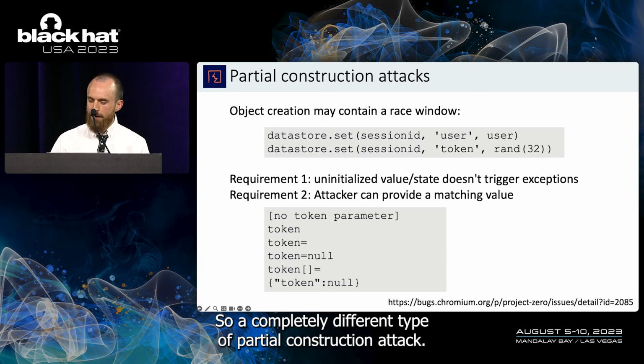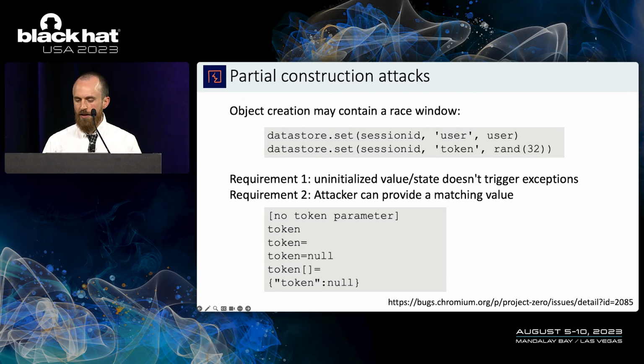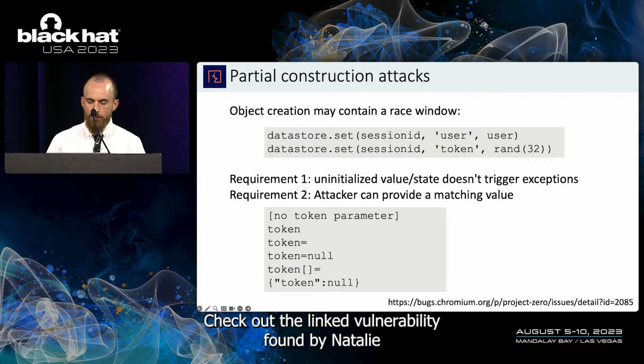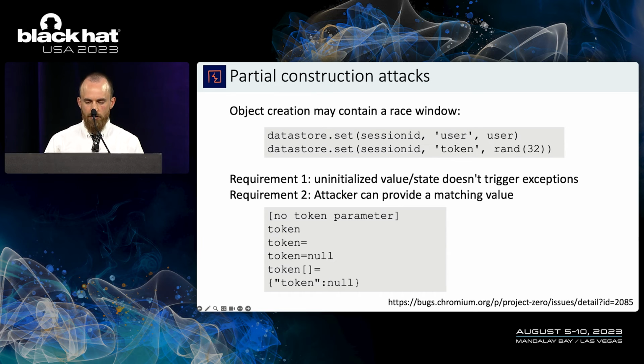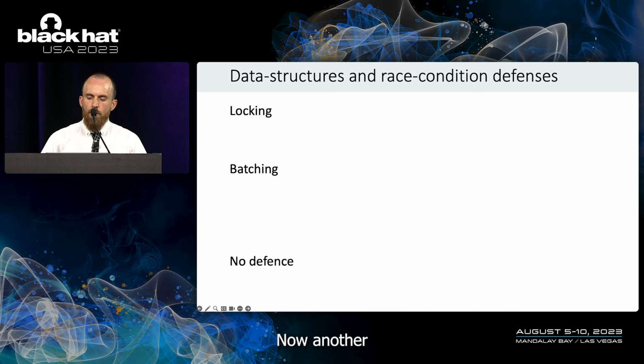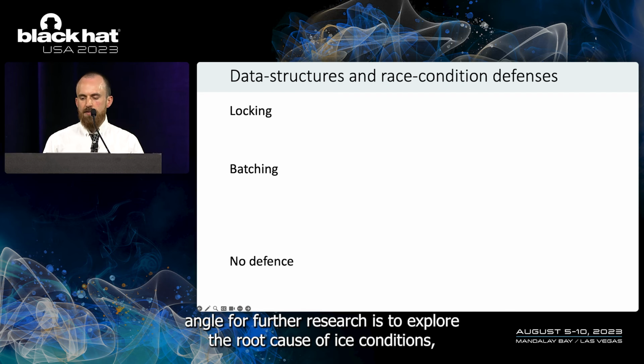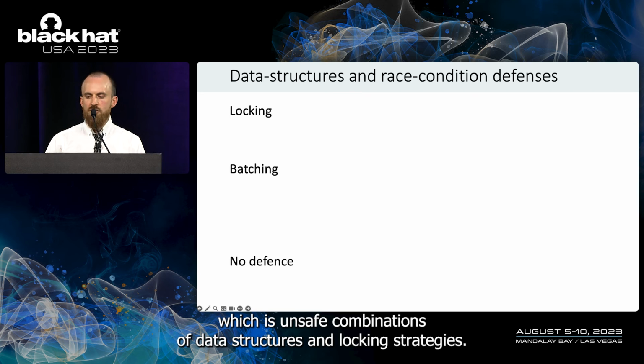And for a completely different type of partial construction attack, check out the linked vulnerability found by Natalie Silvanovic in Google's WebRTC implementation. Now, another angle for further research is to explore the root cause of race conditions, which is unsafe combinations of data structures and locking strategies.